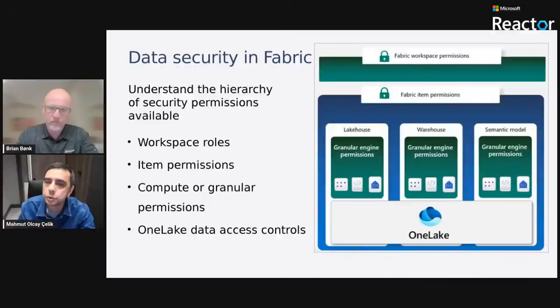The primary access control in Fabric are the workspace roles. Also, you have admin permissions, and also inside Microsoft Fabric, we have compute or granular permissions as well. And also, it's in preview, we have OneLake data access controls as well.